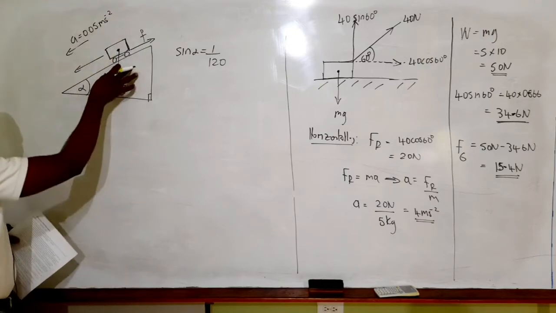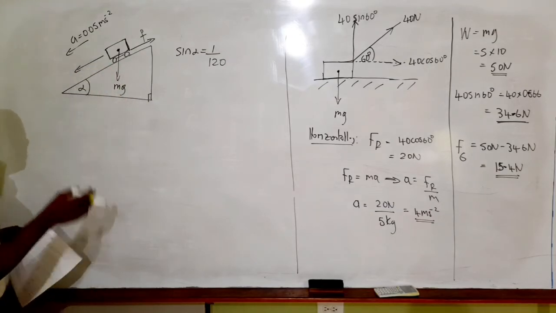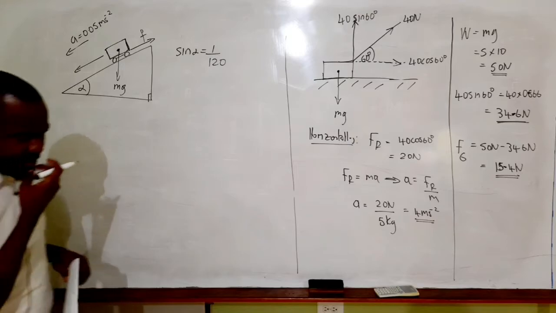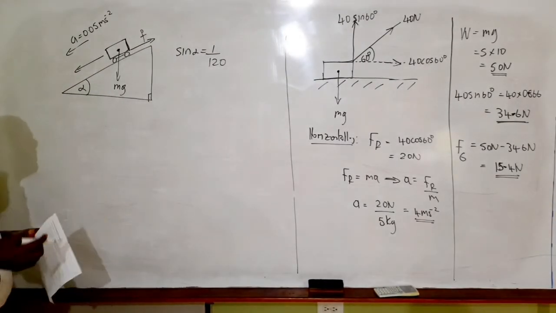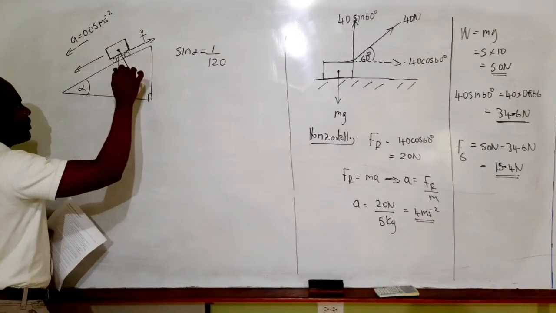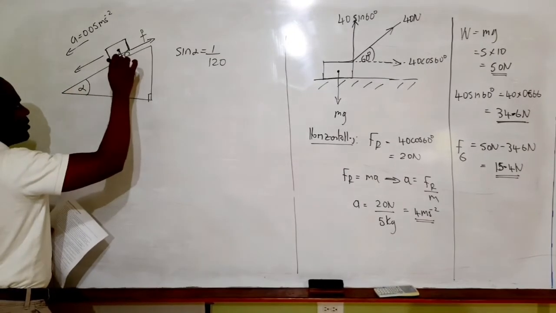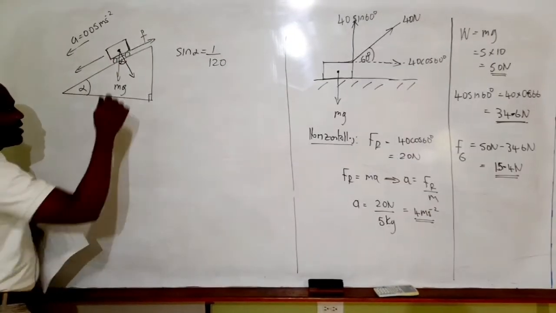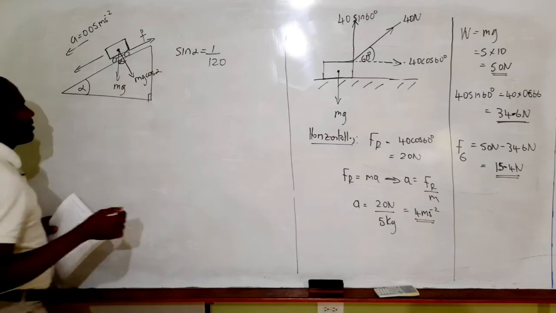Now we've shown the weight acting on the truck. We could actually resolve its weight into its components, as this may be necessary. The weight will have a component perpendicular to the slope, and if this angle is alpha, this angle will also be equal to alpha, and this component will be mg cos alpha, right?